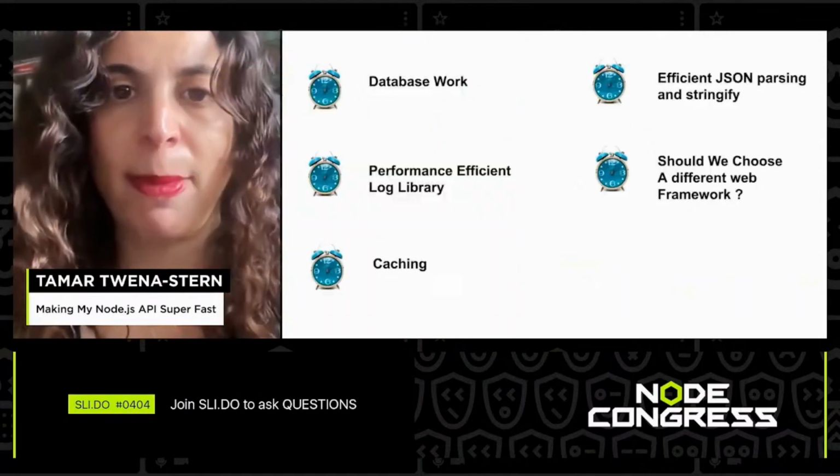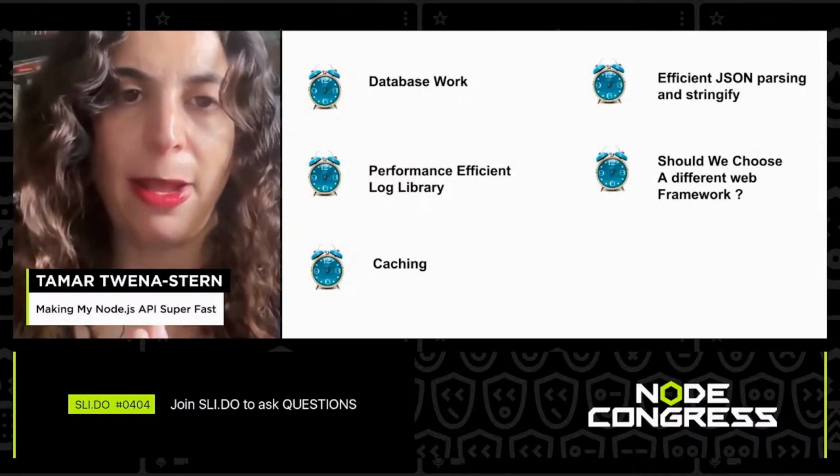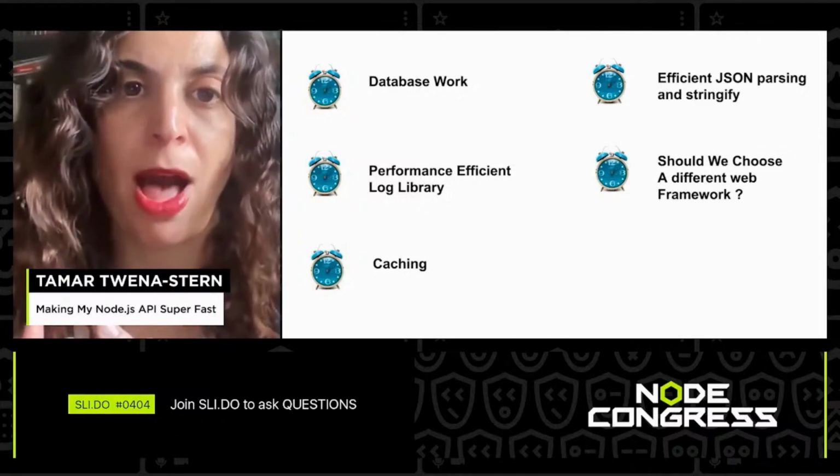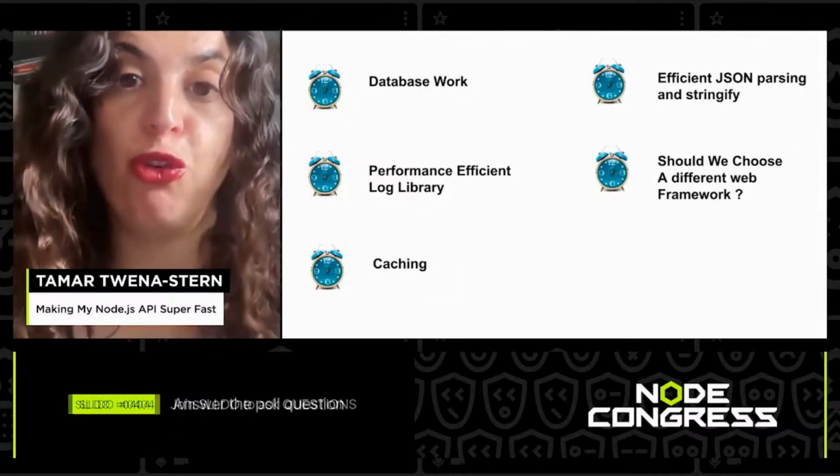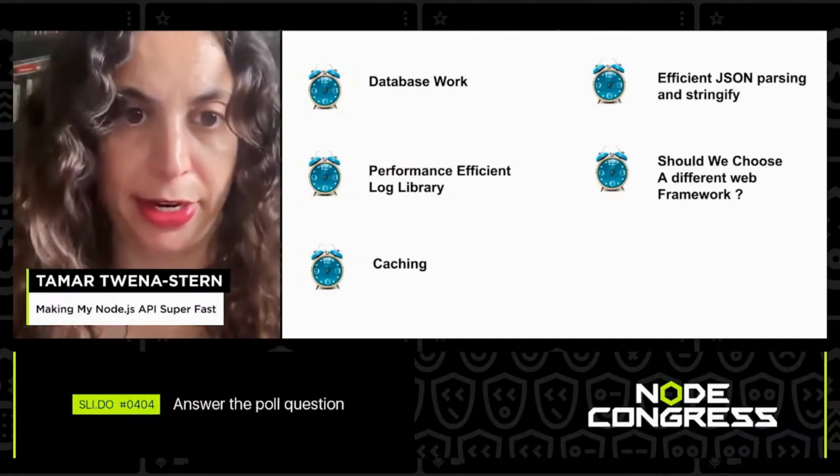Let's start talking about performance, which is one of my favorite things to talk about. Today we are going to talk about how to improve performance in your API layer.